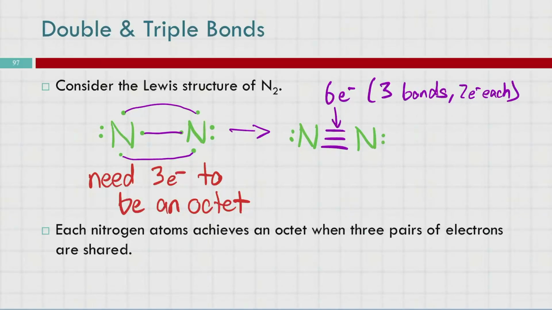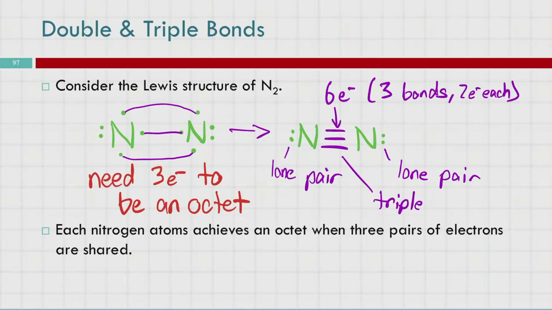What do we call those? What do we call that solitary group of electrons? Yeah, we call those lone pairs. So each has a lone pair and the triple bond.